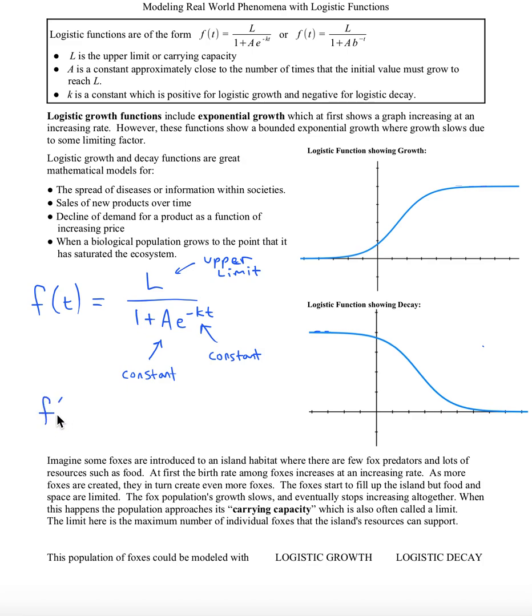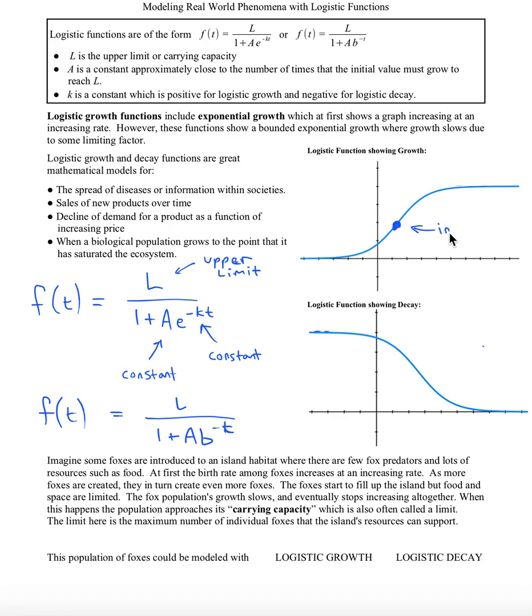Now, logistic functions may also be found in the form of L over 1 plus a b to the negative t, where b is just some base, and it's a constant as well. All right, so when we have logistic growth, we see exponential growth up to a certain point.